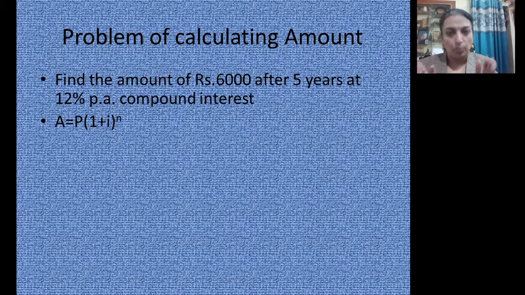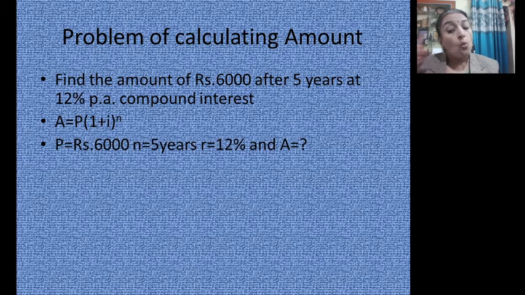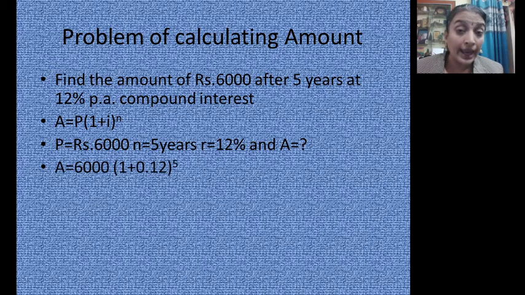A is equal to P in the bracket 1 plus i, raised to the power of n. What is given in the problem? 6,000 is P, that is the principal amount. n is equal to 5 years and R is equal to 12%. That means i is equal to 0.12, and calculate the A.